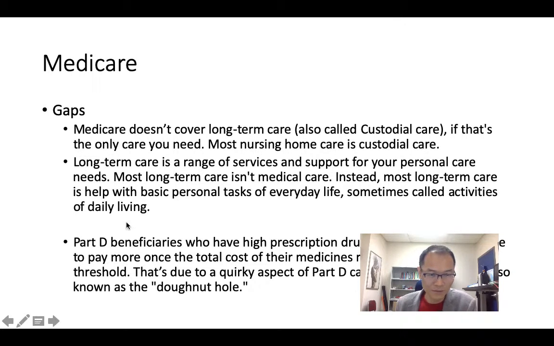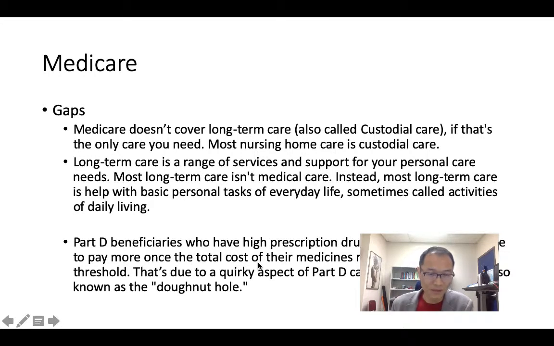Yeah, so Medicare has another thing which is often called the donut hole. The donut hole happens because under Part D, beneficiaries who have high prescription drug expenses have to pay more when the total cost of their medicines reaches a certain threshold.